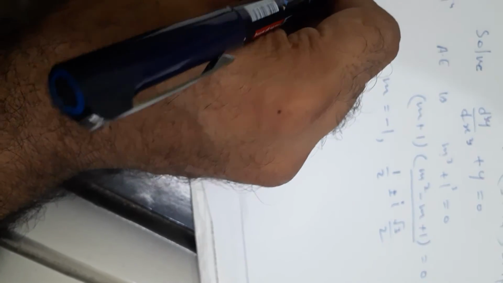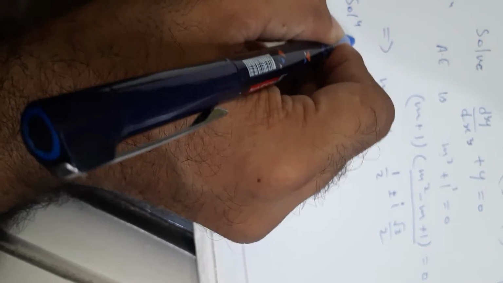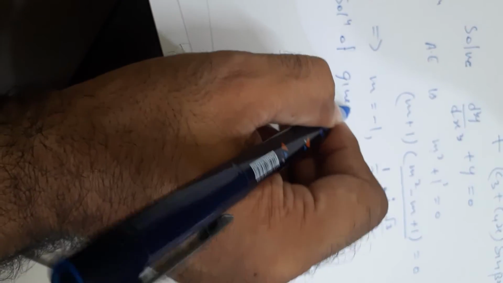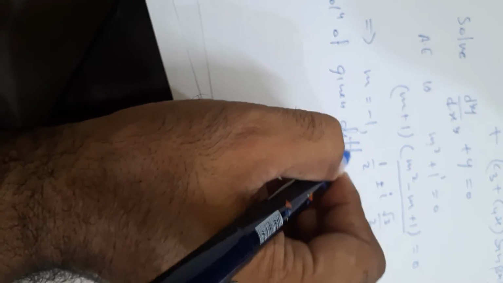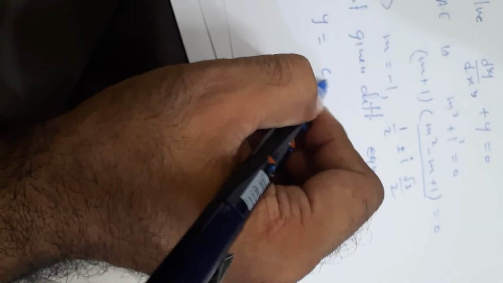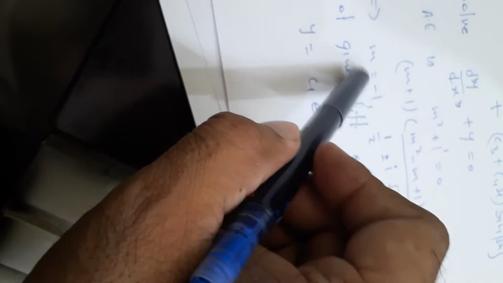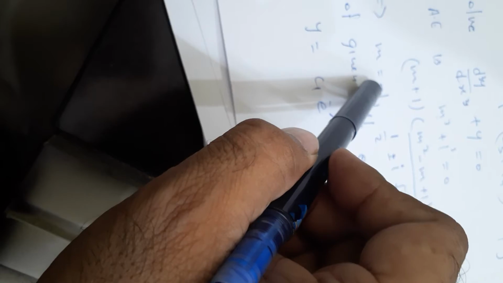So therefore the solution of the given differential equation is y is equal to c1 e to the power minus x. This is the real root, so we use case first, and this is the complex root, so we use case third.